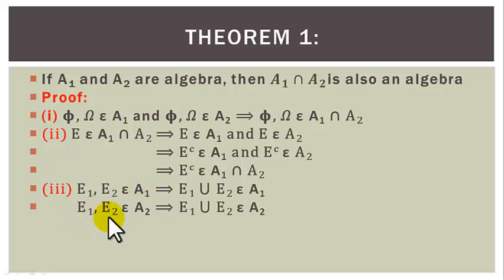Also, E1, E2 element of A2 will imply that E1 union E2 is element of A2. Since E1 union E2 is element of A1 and element of A2, it follows that E1 union E2 is element of A1 intersection A2. Hence, A1 intersection A2 is closed under finite union.